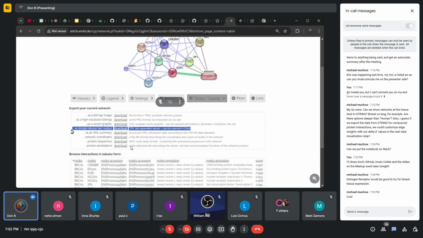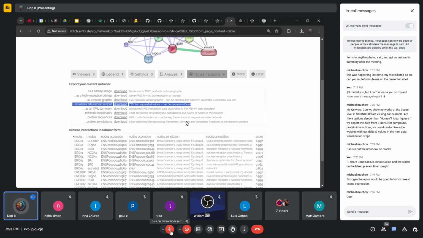If I remember correctly, Cytoscape takes a TSV format, maybe somewhat simplified. So I think a potential solution would be that you could download this as a TSV file and then tweak it a bit. I'm only sharing the browser, but I've got this up as a TSV file.